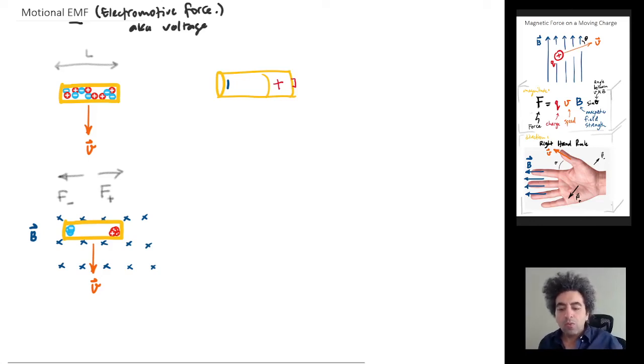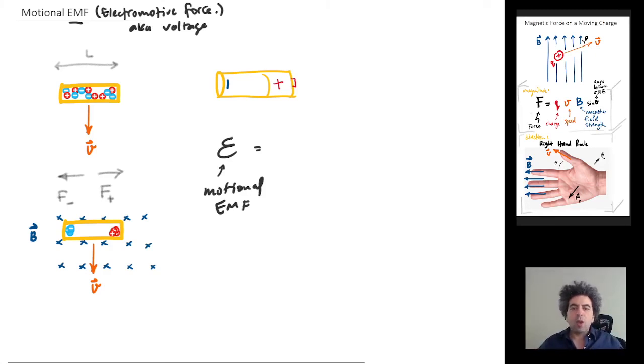Now, the amount of voltage or electromotive force that is generated by this story is called the motional EMF because it's induced by motion. And that's the voltage that is across the two ends of that conductor.